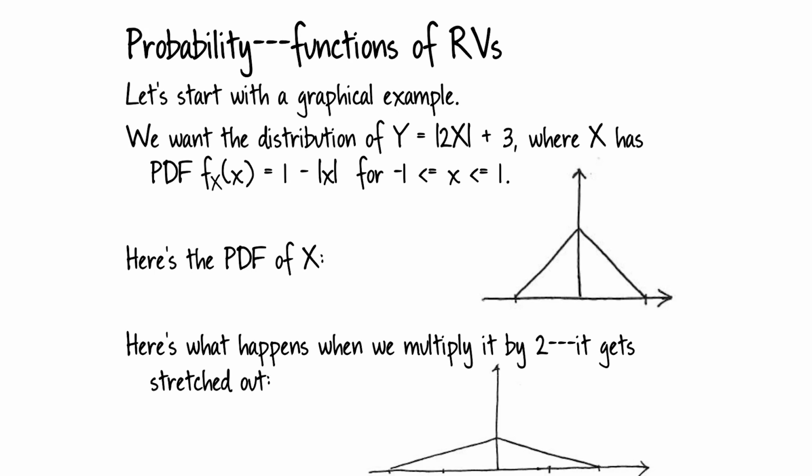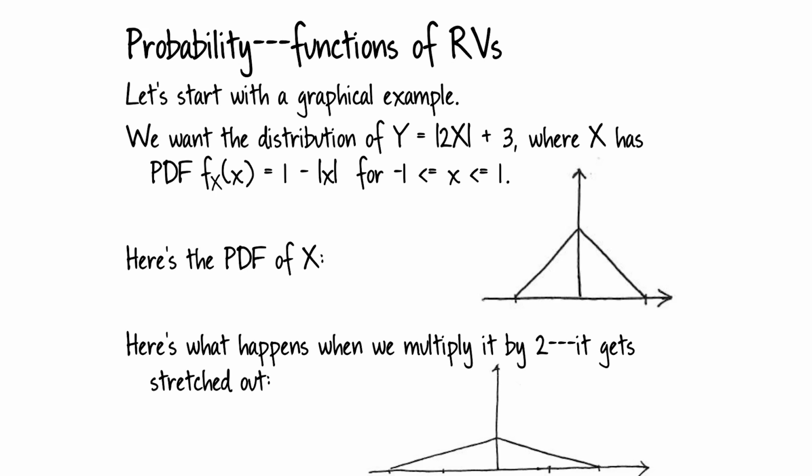So let's suppose we want the distribution of some new random variable y, which is equal to the absolute value of 2 times some random variable x, plus 3. So we've got this random variable x. We know its distribution. I'm putting it right there, and what we want to do is figure out what the distribution of this function of the random variable is.